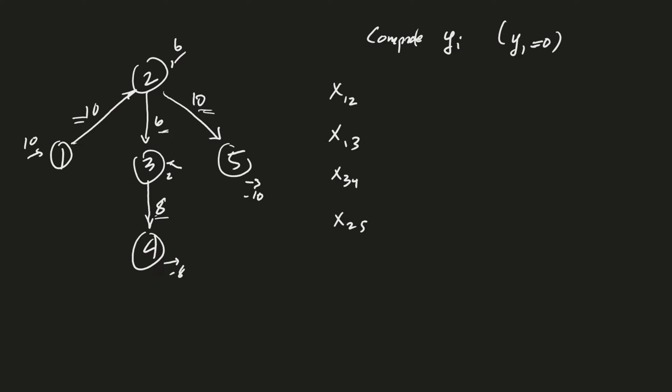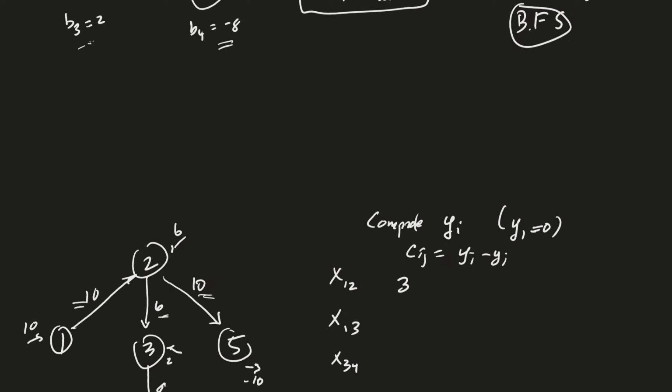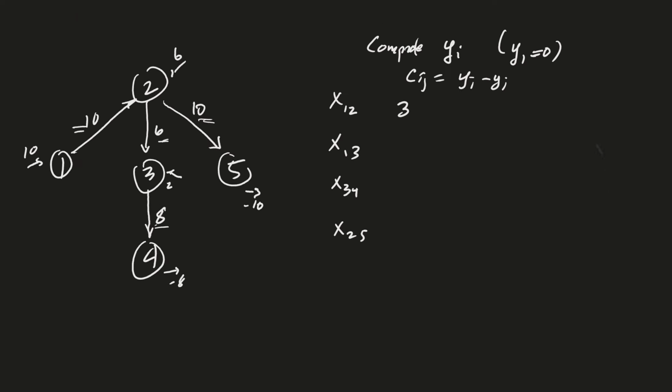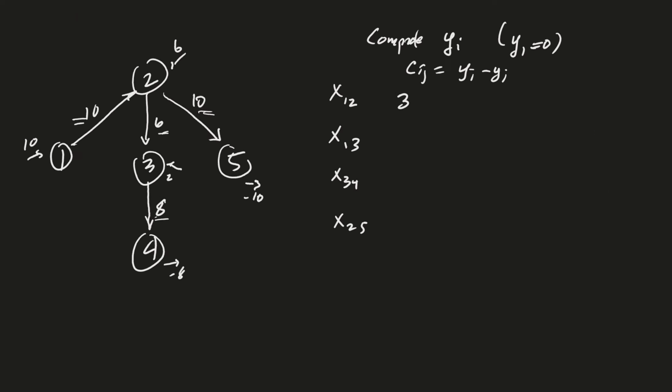And so we're going to compute this using c_ij is equal to y_i minus y_j. Good. So let's just write down our costs then. Cost for x12, I've got them listed here, but you could come back up here and write them all down here if you want to. Okay, but I'll just go ahead and list them down.